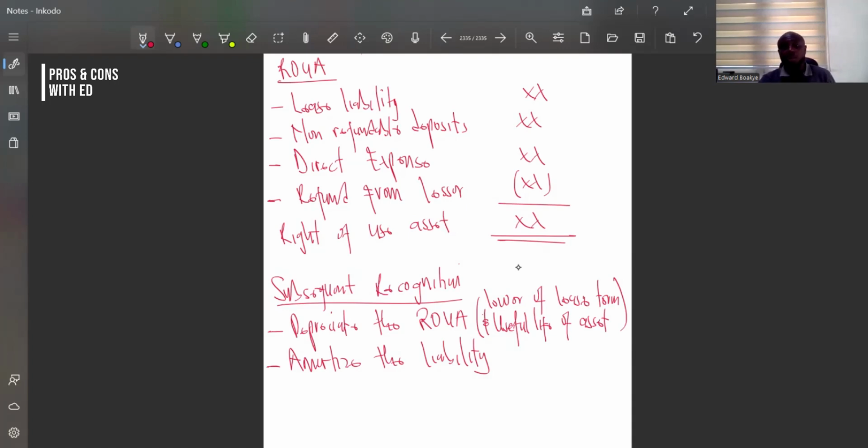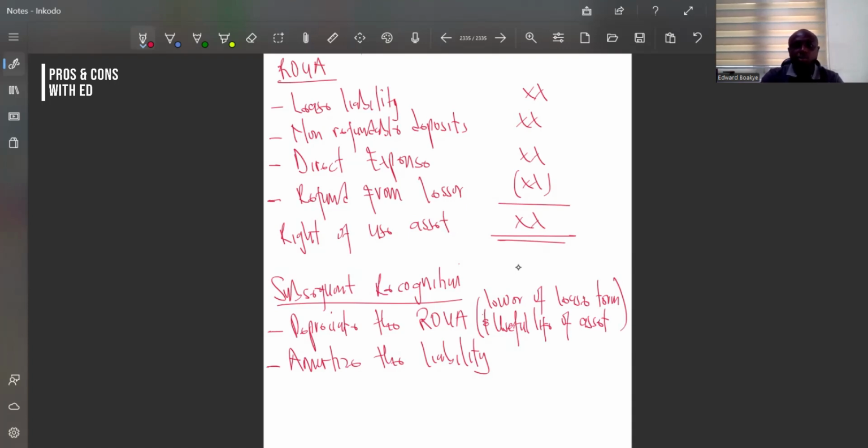So if the lease contract is given 8 years and the useful life of the asset is, let's say, 10 years, then we are going to use 8 years in depreciating the right of use asset.